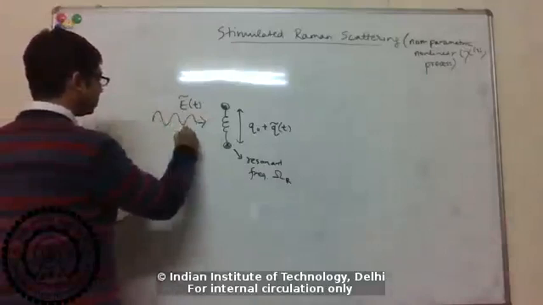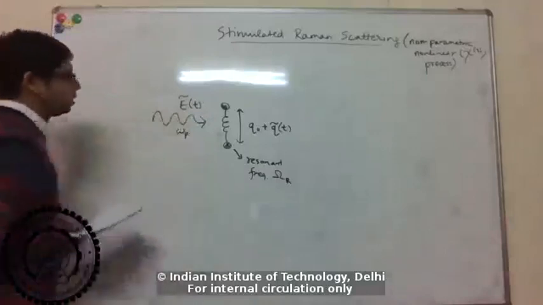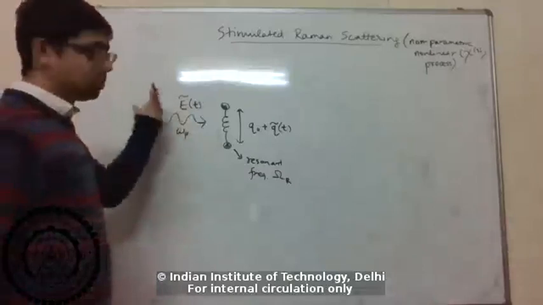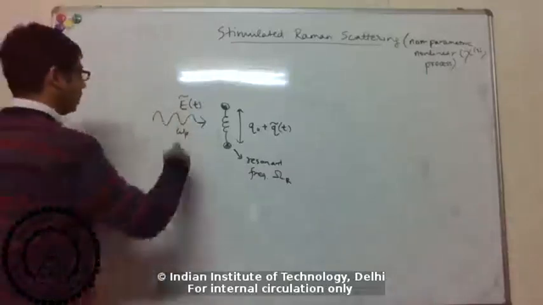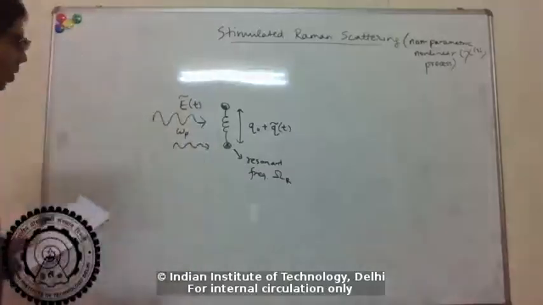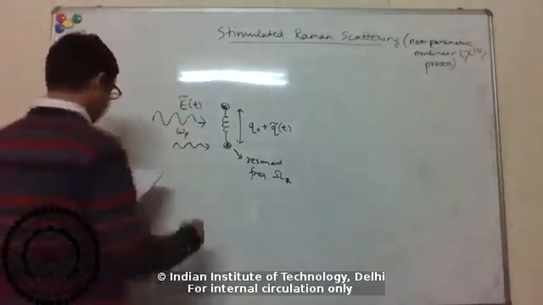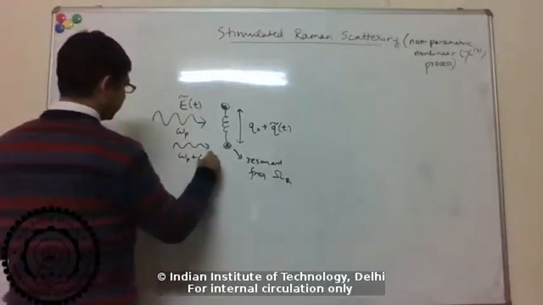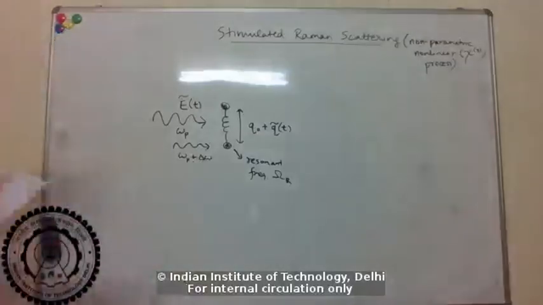One is a strong wave at frequency omega p, which will be the pump. And let's say there's another weak optical wave whose frequency is slightly shifted from the pump frequency by delta omega.